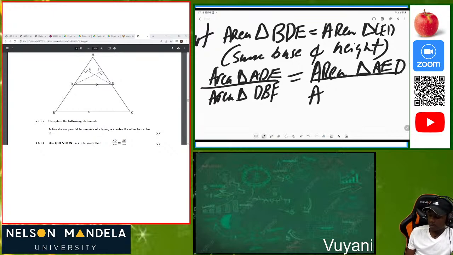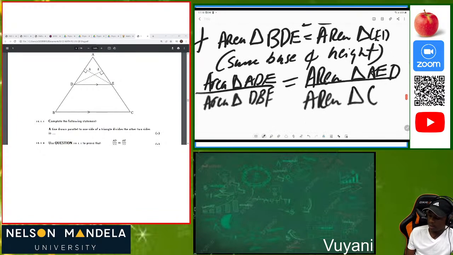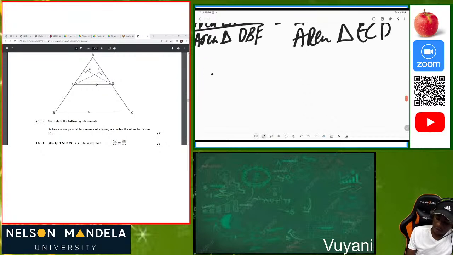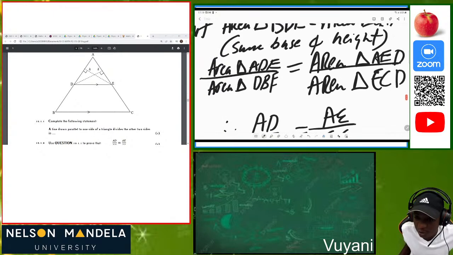Therefore we can conclude that AD over DB is equivalent to AE over EC. They are equivalent to each other.